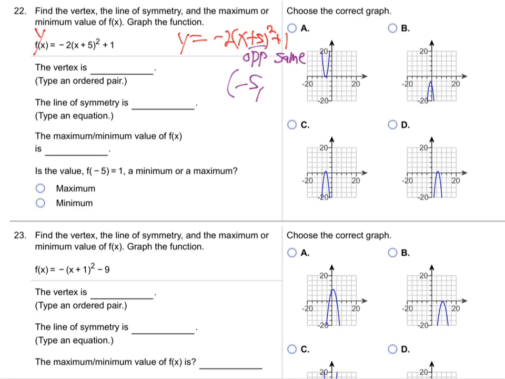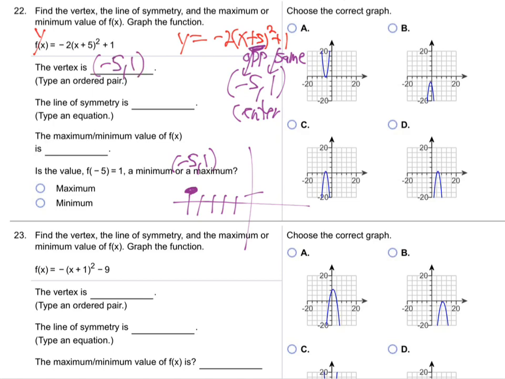So the opposite of positive 5 is negative 5. And then the same, that's going to be the center. So the center of the graph is back 5, up 1, right there, at back 5, up 1. There's the center of the graph, okay? That's the vertex. Back 5, up 1.